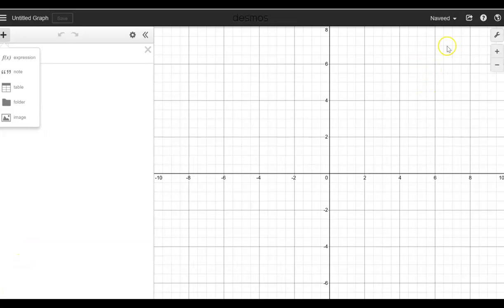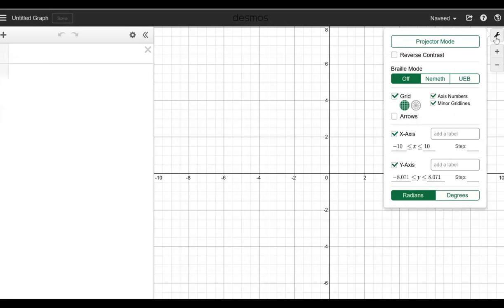The next piece is that if you go to the right-hand side, there is this wrench-looking icon, or button. Just click on that and notice that it gives you the parameters of the x and y values. Depending on what type of function you're working with, you can change the domain and range of these.